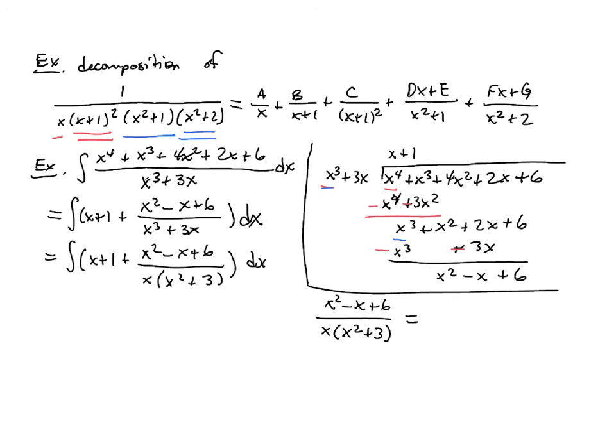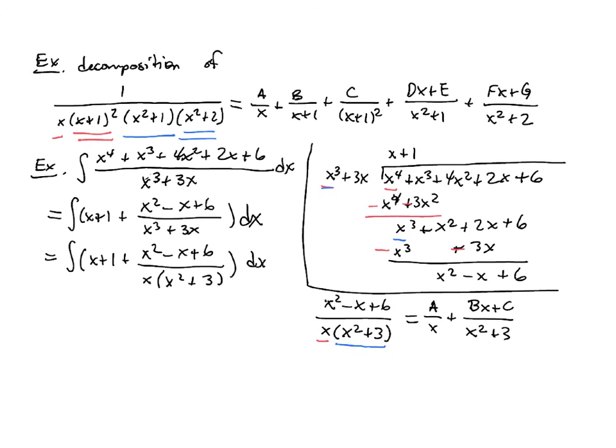I'm going to have two terms in the decomposition that come from the factors in the denominator. The first factor, x, will contribute a term a over x, and my second factor, x squared plus 3, is going to contribute bx plus c over x squared plus 3.